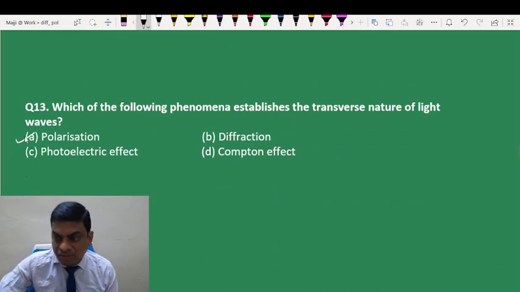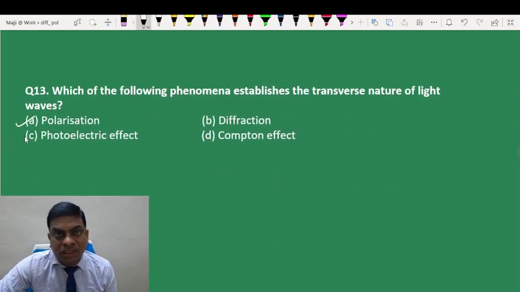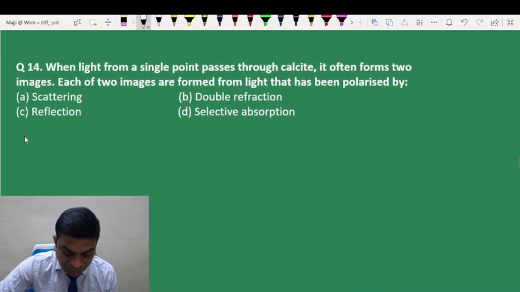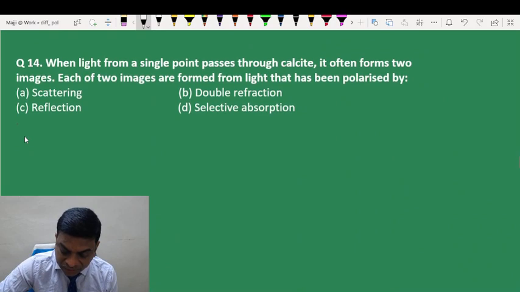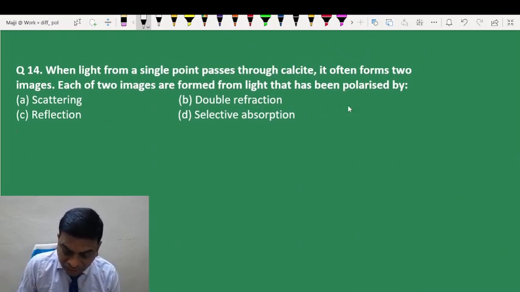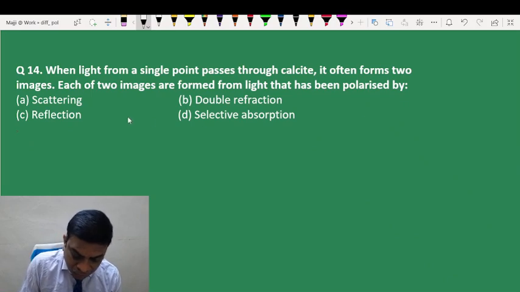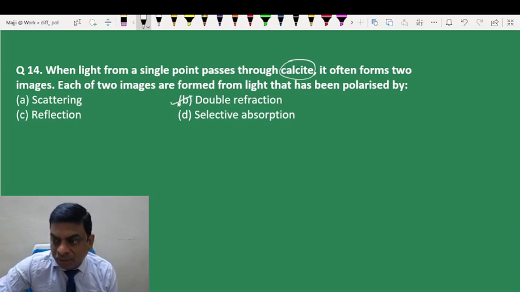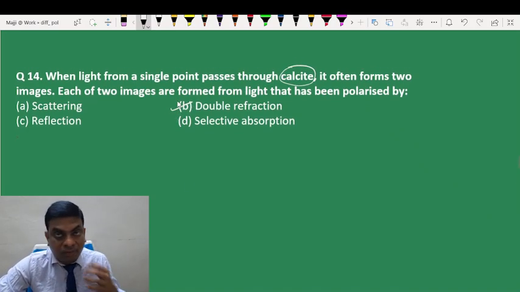Transverse nature is established by polarization, because polarization is possible only in case of transverse waves. Then when light from a single point passes through calcite, it often forms two images. Each of the two images is formed from light that has been polarized. So we saw that calcite is basically a doubly refracting crystal. So that phenomenon is known as double refraction. Okay, each of the refracted rays forms its own image.